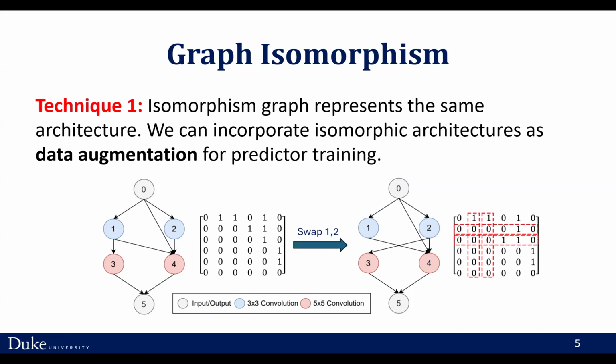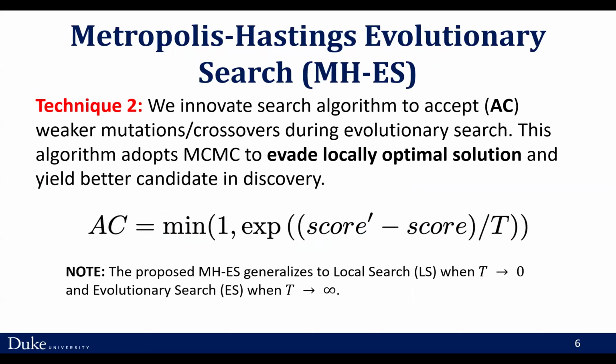In this way, you save computation cost by introducing isomorphism as data augmentation for the predictor. When you do this, you achieve better sample efficiency during the sample phase of the predictor-based NAS, and you improve the ranking correlations of candidate architectures within the search space during the architecture search algorithm.